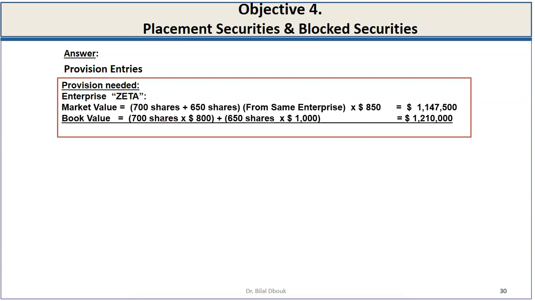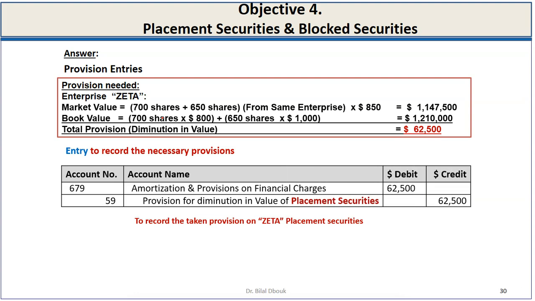Comparing with the book value, 700 shares bought at $800 plus 650 bought at $1,000, I have a total cost as book value of $1,210,000. So the difference between the book value and market value is a decrease of $62,500. So I have to record the provision by this diminution in value. The entry would be: I debit 679 account, amortization and provision on financial charges, 62,500. I credit 59 account, provision for diminution in value of placement securities.